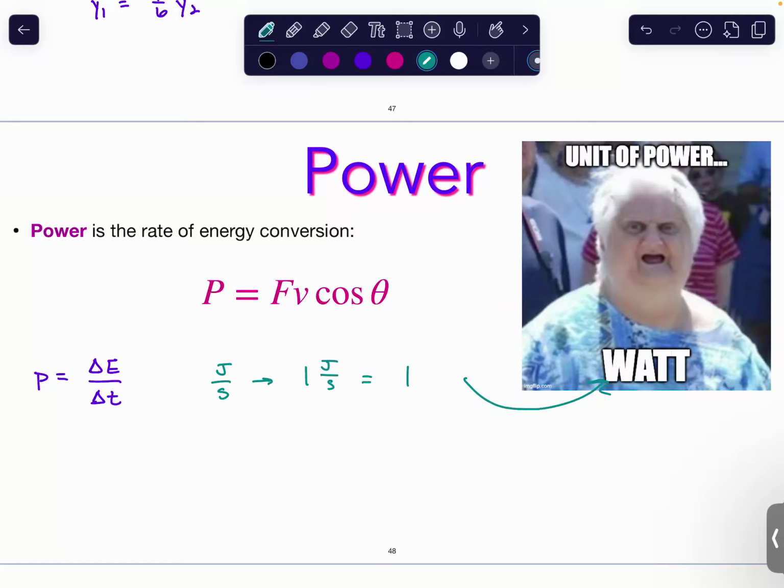Yeah, the unit of power is the watt, and you just write a W. You can do joules per second, or you can do kilograms times meters squared over seconds cubed.